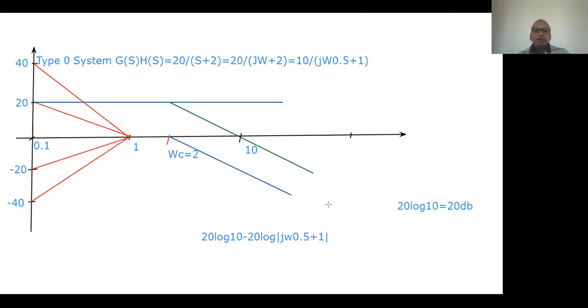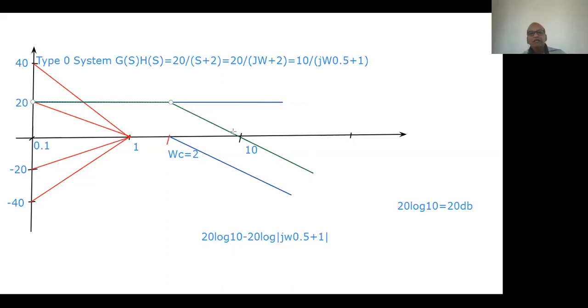The magnitude Bode plot: the initial slope is equal to 0 dB per decade up to the corner frequency, say 1.